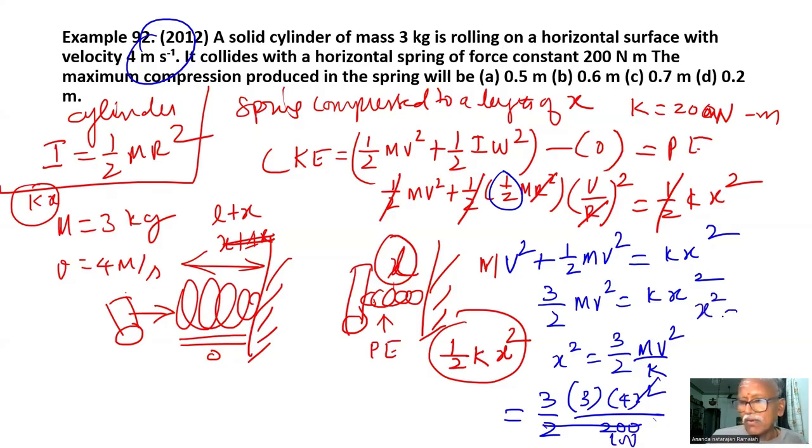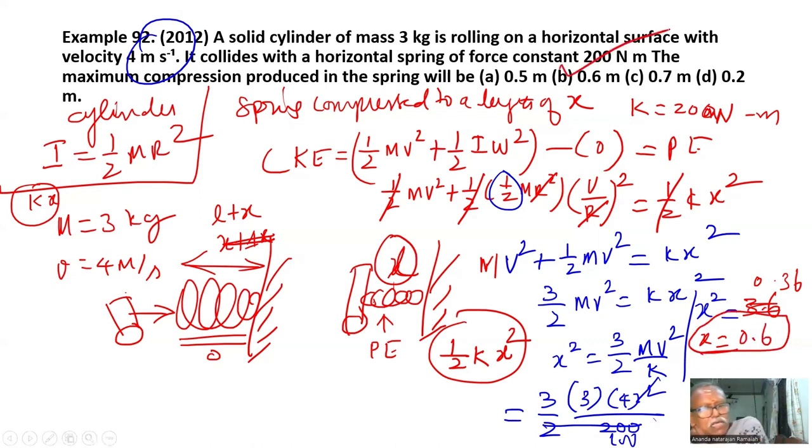X square equal to 0.36. Therefore, x equal to 0.6 meter. Therefore, the answer is B. Shall I move to next sum?